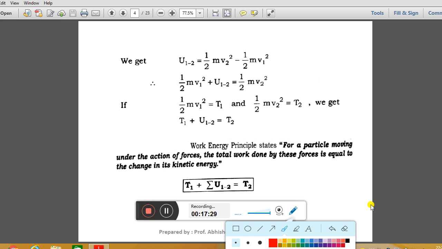In such cases, the total kinetic energy would be the sum of the individual kinetic energies of the different particles, and the work done would be the summation of the work done by the various forces on the individual particles. In this way we can apply the work energy principle equation for analyzing the kinetics of particles with the help of the work energy method. Okay, thank you.